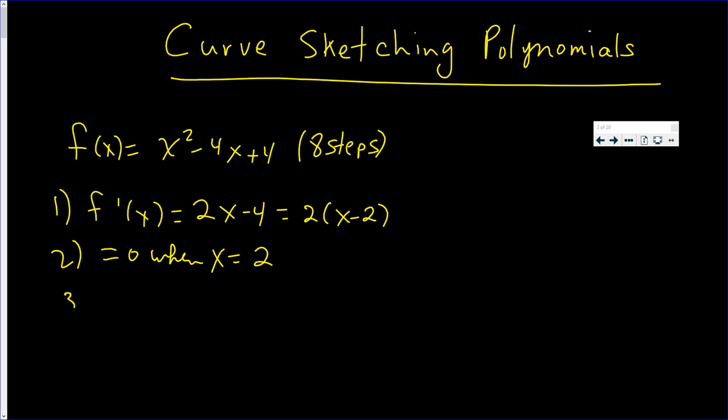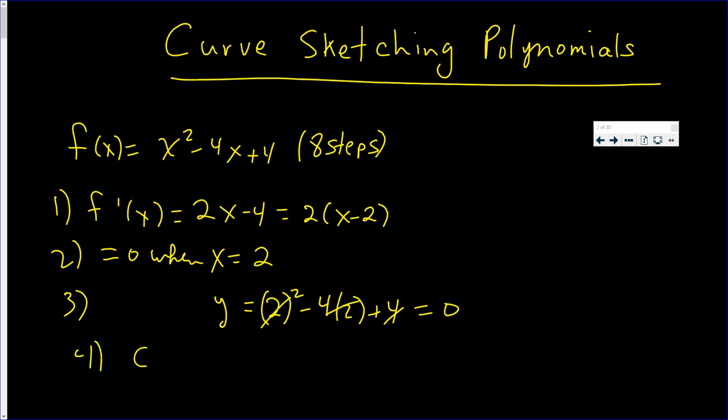The next step is to find the corresponding y value. So it's going to be 2 squared minus 4 times 2 plus 4, which is 4 minus 8 plus 4, which is 0. So you have a critical point at (2, 0).